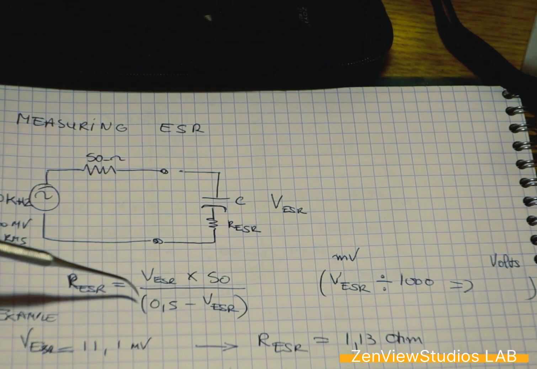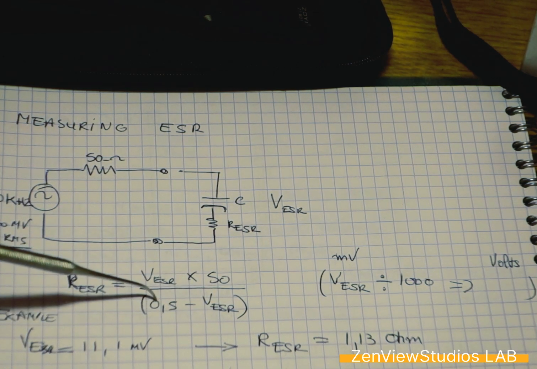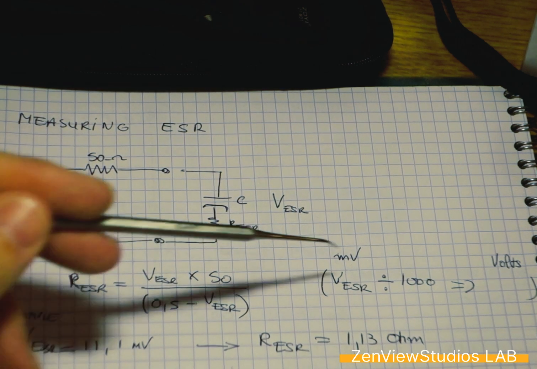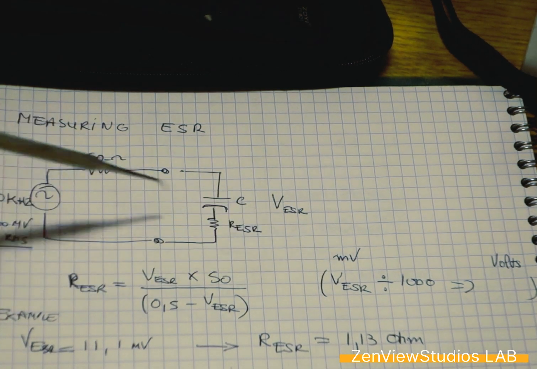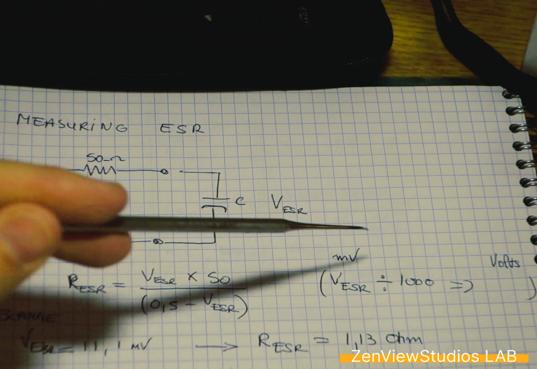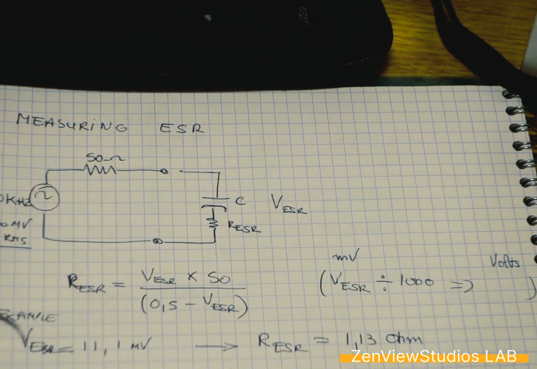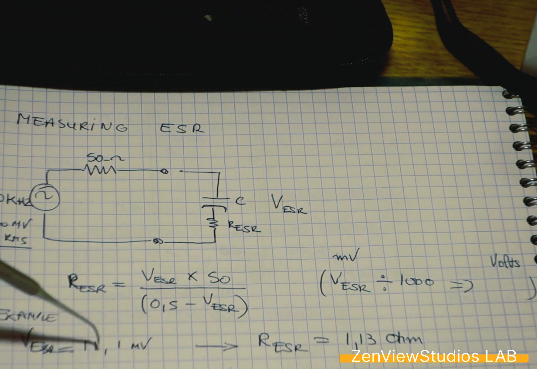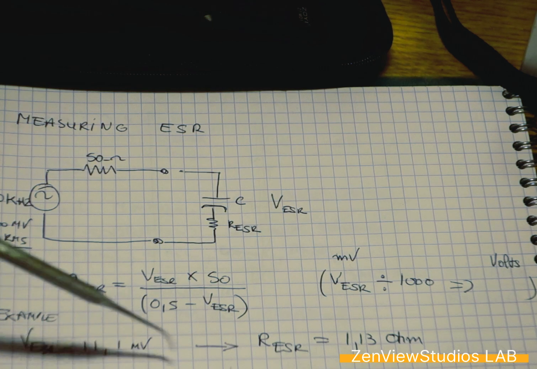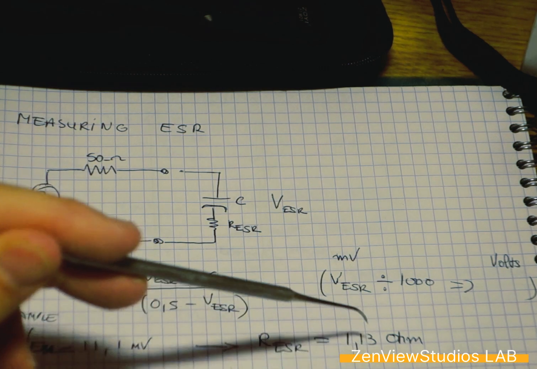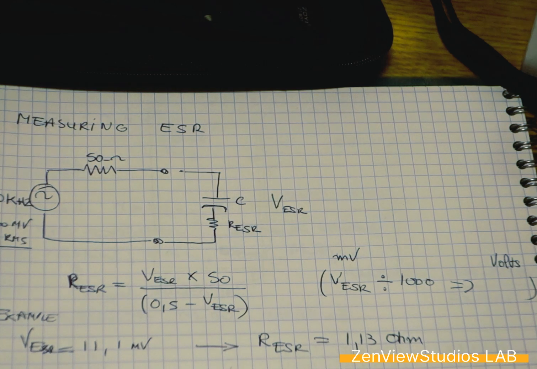And that's the nice thing about this, and why I chose 500 millivolts. Here's the explanation. Don't forget that if you read millivolts, you divide by 1000 to get volts. And that's it. Here's the example that I have in the video where 11.1 millivolts are measured and really gives a 1.13 ohm. That's for the ESR.